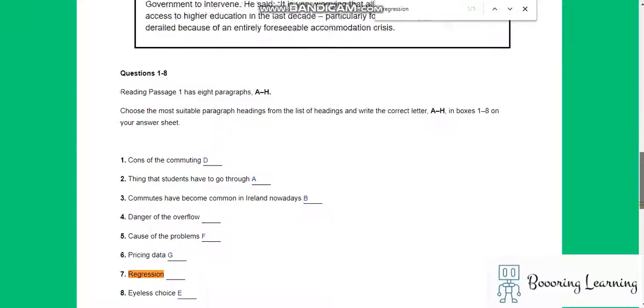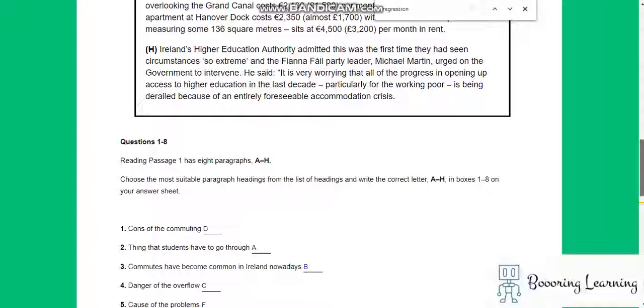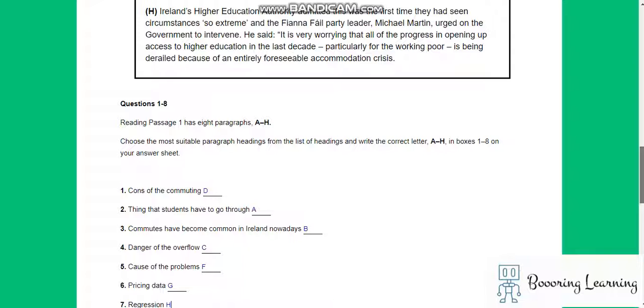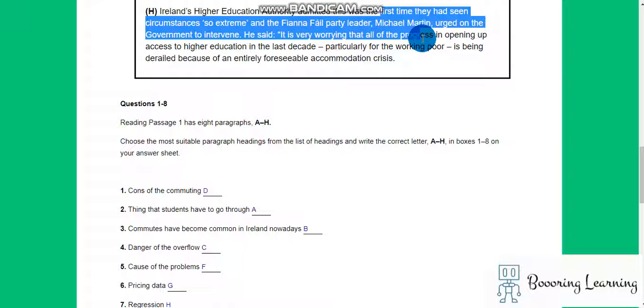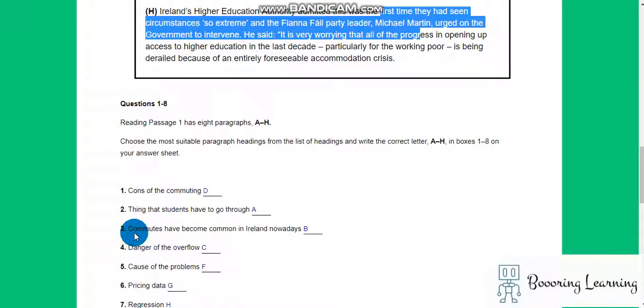Okay, C. Okay, A, B, C, D, E. Okay, and let's make it H. Party leader urged the government to intervene. He said it's worrying that all the progress. Okay, regression is okay, I guess.